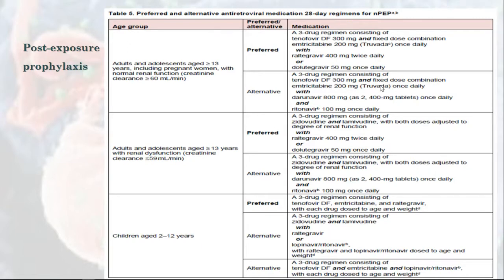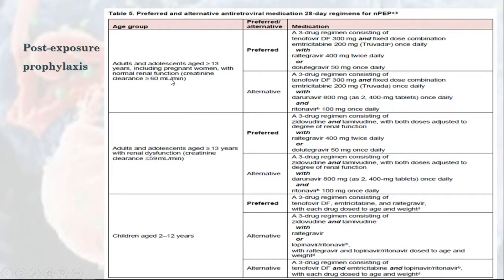Another preferred method is, again, the raltegravir and dolutegravir, and that's for adults with renal dysfunction.